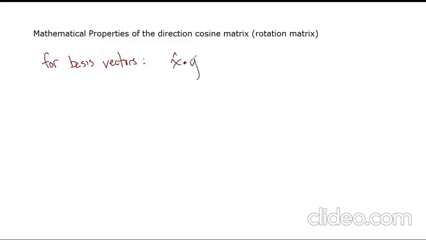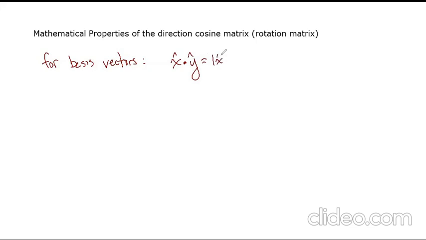What happens if I take the dot product of x and y? You'll get a scalar. Right.